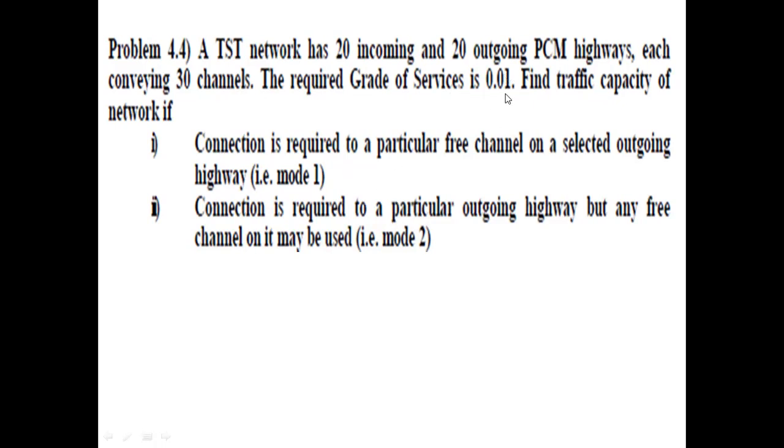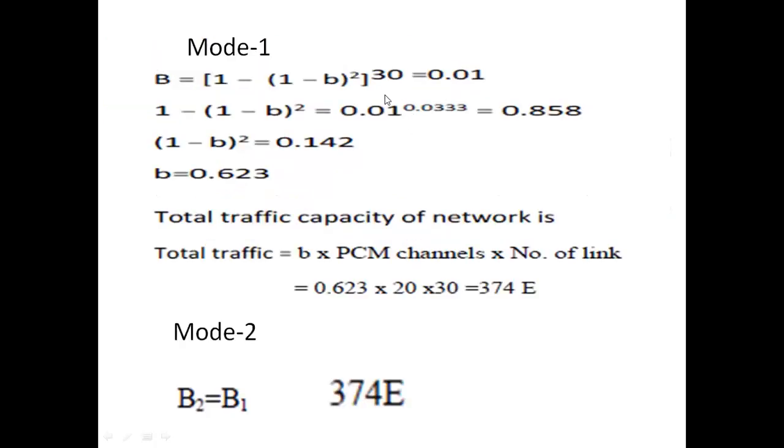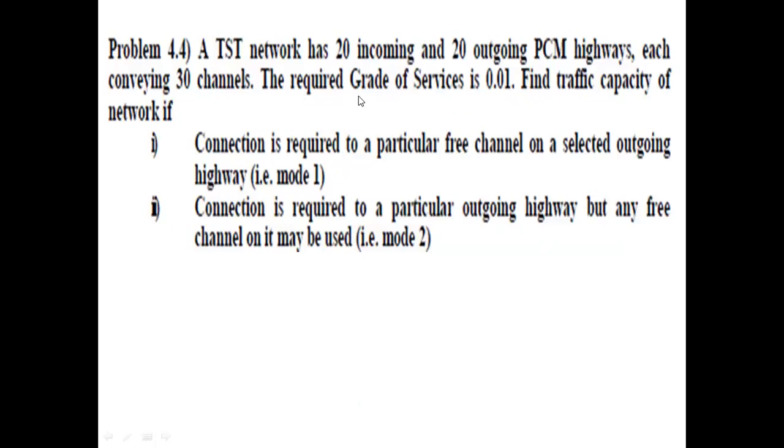This is probably the blocking probability of the intermediate links. As you can see, even though it says the required grade of service, it's not the grade of service under mode 1 and mode 2. It's the blocking probability of the intermediate links.